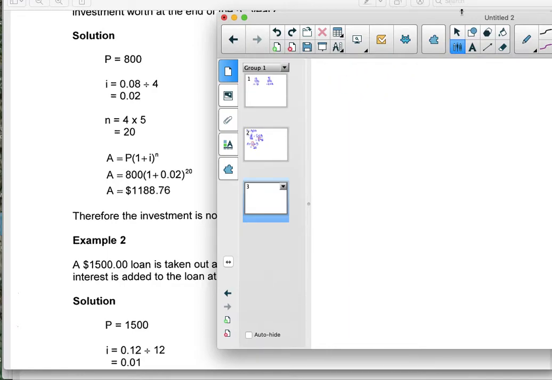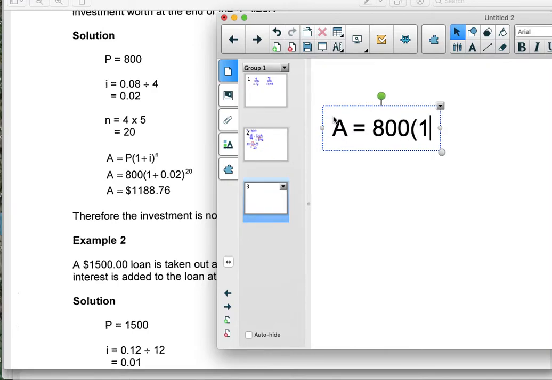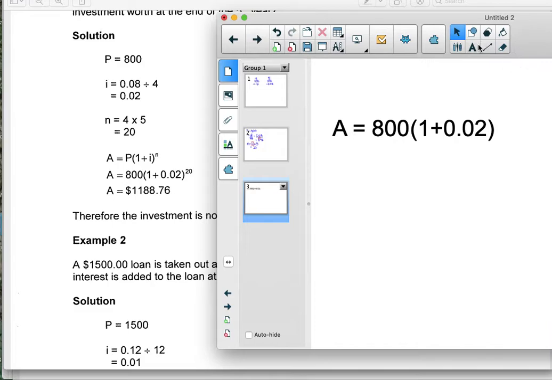So I'm going to go from this line here. A equals 800 times 1 plus 0.02, and this is to the exponent, I'm going to write it in, 20.